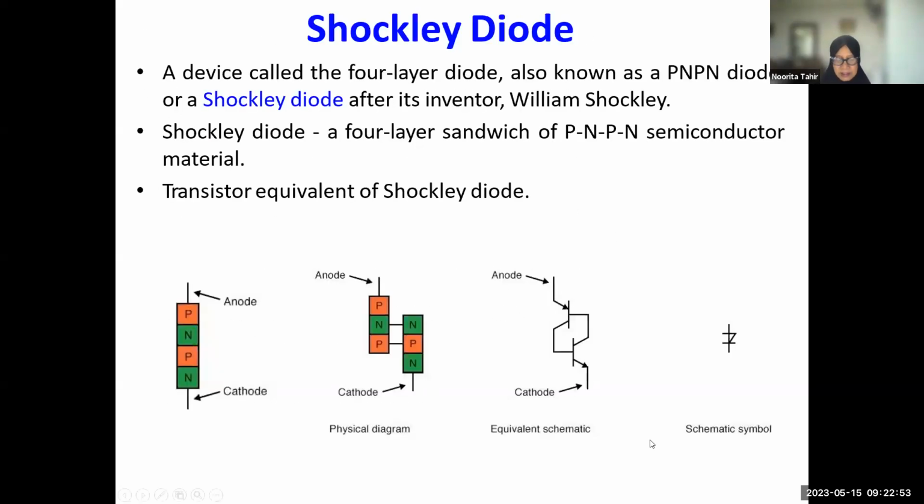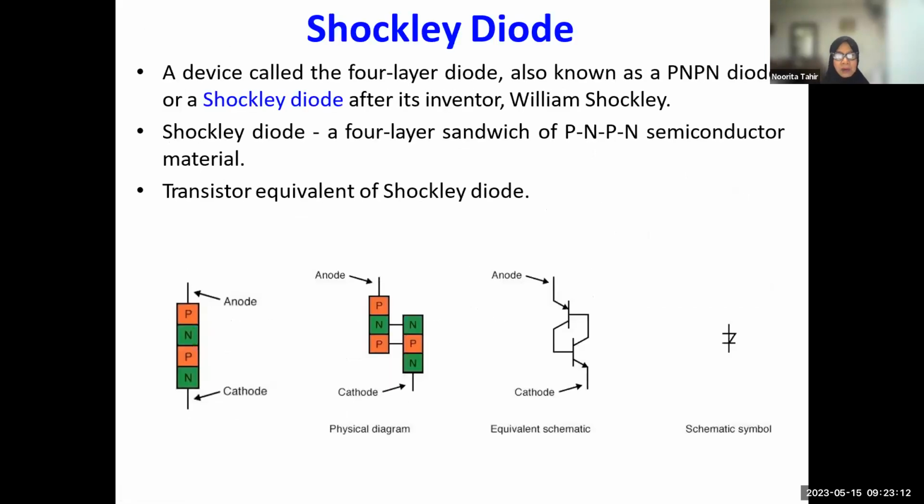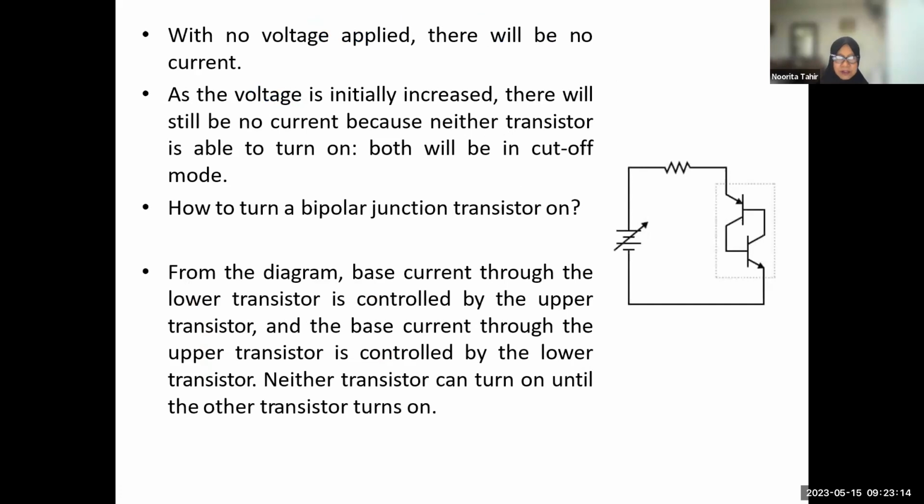This is the schematic diagram. If we don't have any voltage being applied here, there will be no current. That's logic. So as the voltage is initially increased, I will explain to you how this Shockley diode turns on and off.